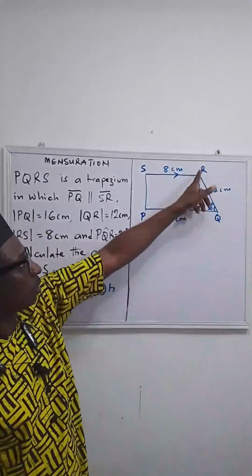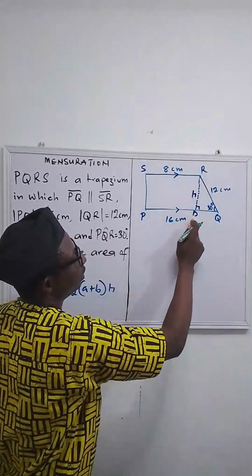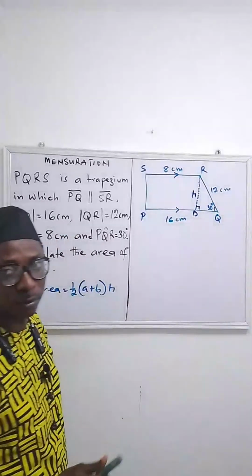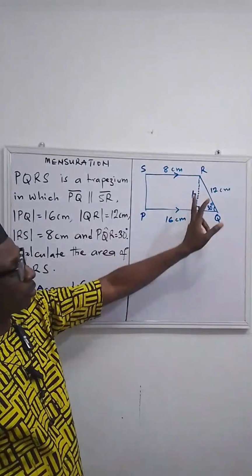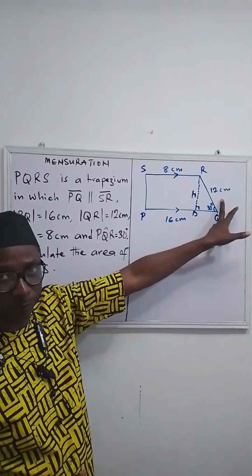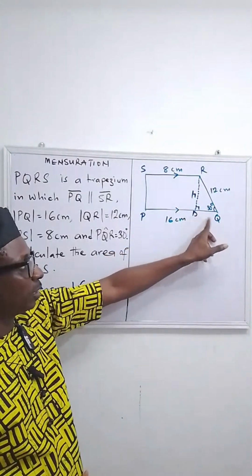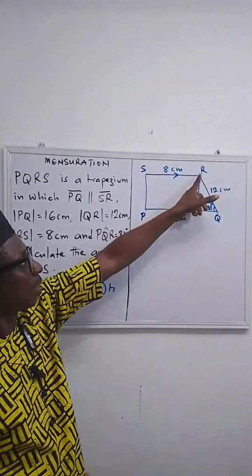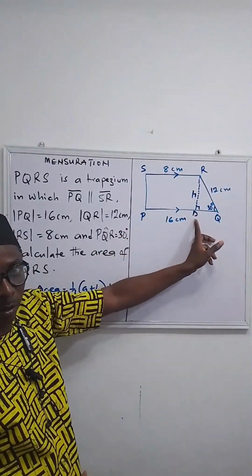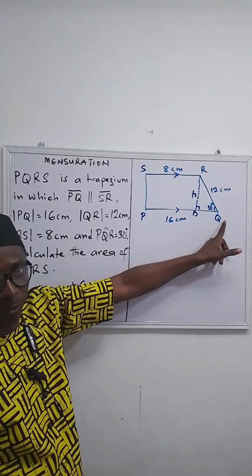So look at this triangle, triangle RDQ, is a right angle triangle. So to get this height, I'm going to be making use of trigonometrical ratio. So now in this triangle, DQ is adjacent, RD is opposite, while RQ is the hypotenuse.